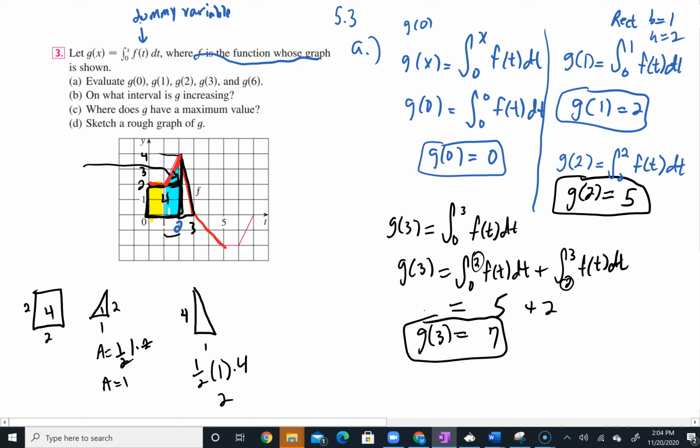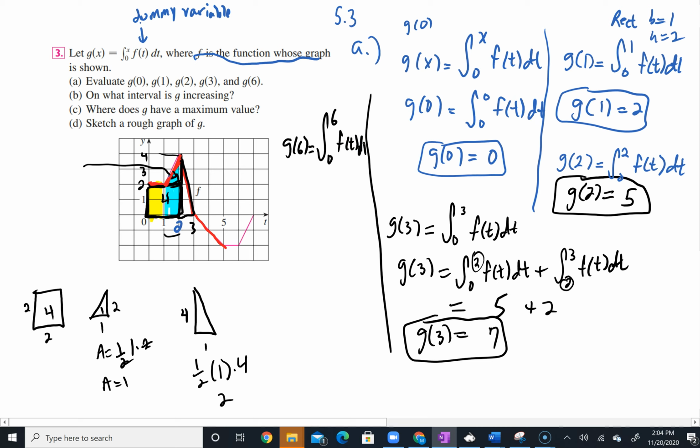Well, my goodness, we still are going to have to come back and address what G of 6 is. Now, G of 6, as I'm going to just come over this way and say, obviously that's the integral from 0 to 6 of f of t dt.